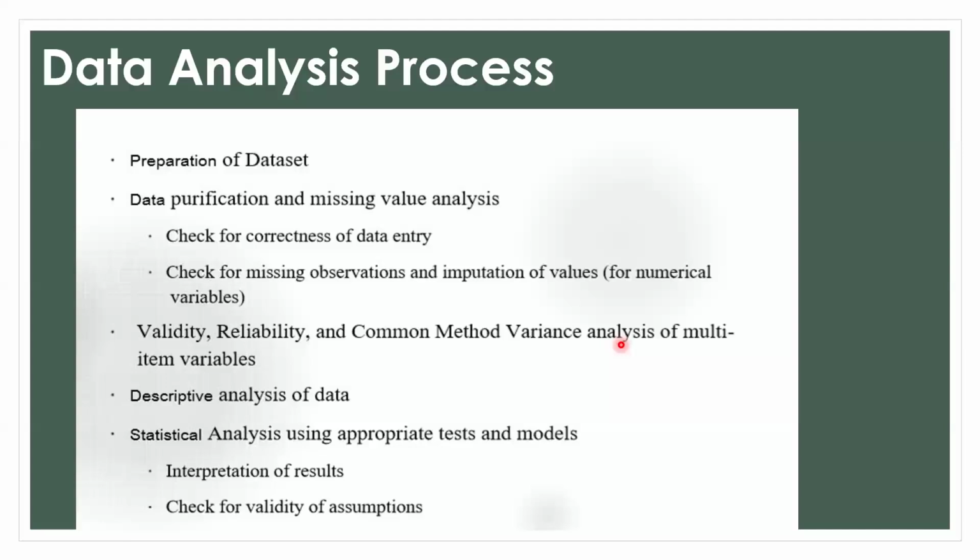Right? So there's a method called Harman single factor variance in which we are going to test whether at least one of our items is not measuring the variable more than 60%.